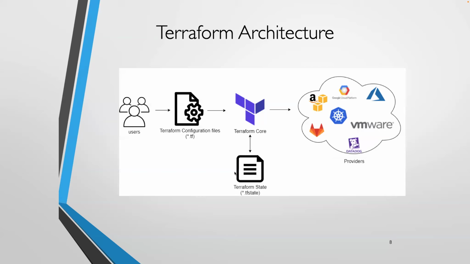And then you have your Terraform core. Using that Terraform core, you would be integrating with any cloud platform by using something called a provider. For example, if you wanted to integrate with AWS cloud, you're going to use the AWS provider. Using that provider, you're going to make an API call into AWS cloud.